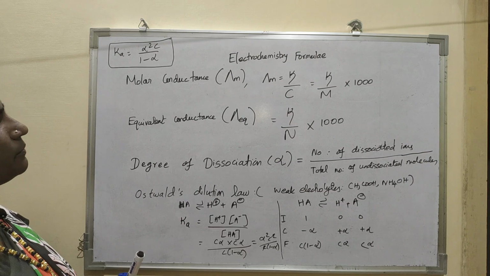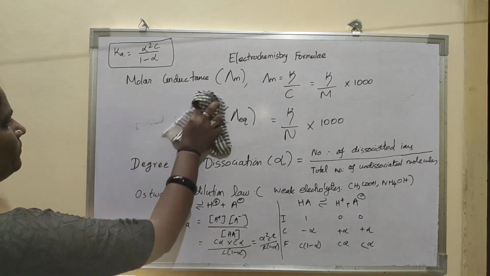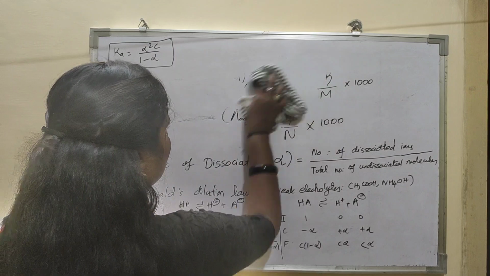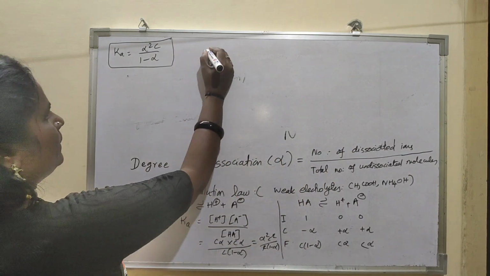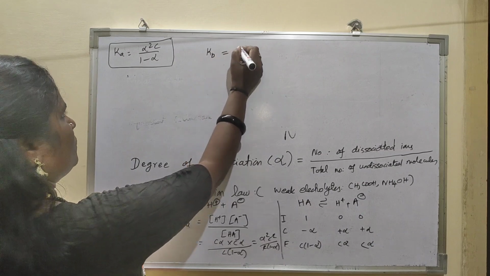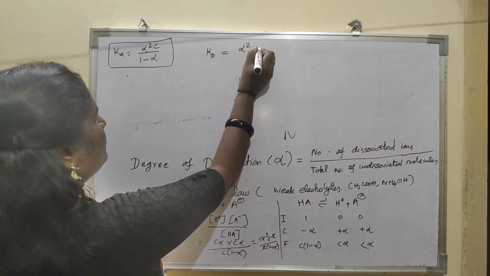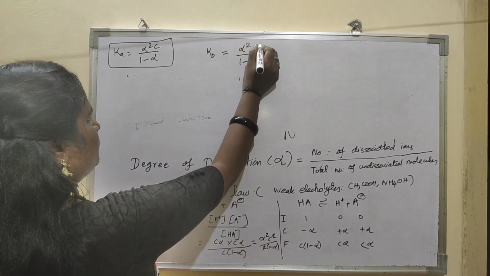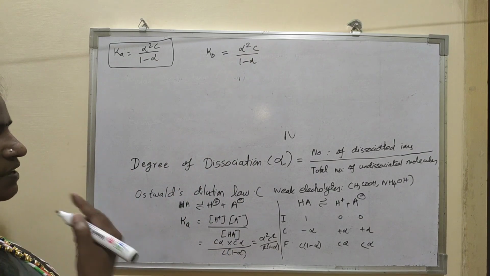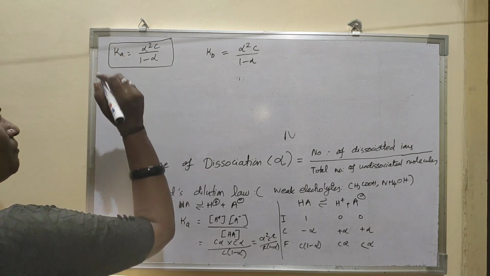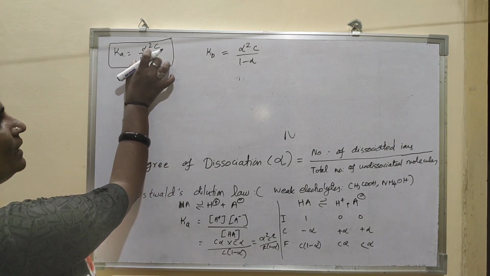Similarly, we can write it for the weak base as well. The dissociation constant for the weak base is again alpha square C by 1 minus alpha. Suppose the alpha value is very small compared with 1, so we can ignore it in the denominator.